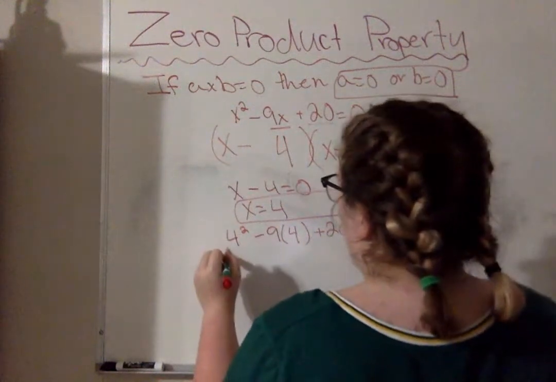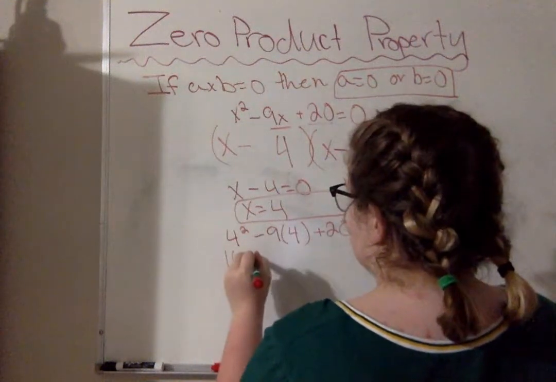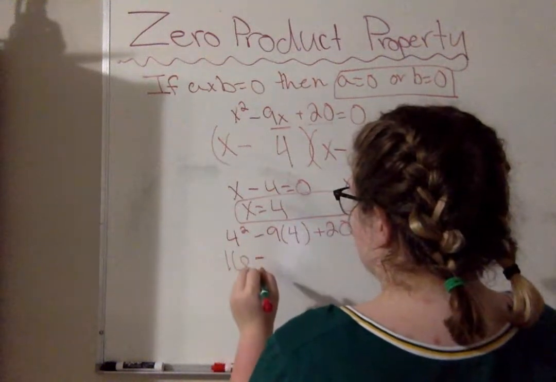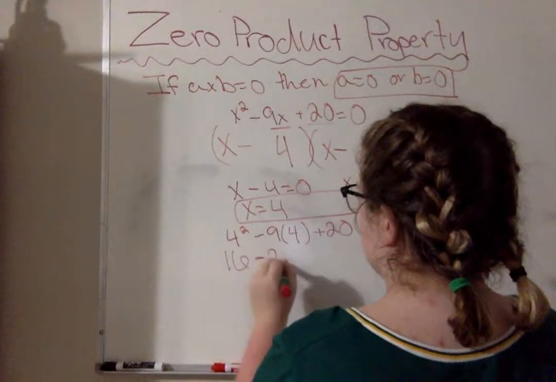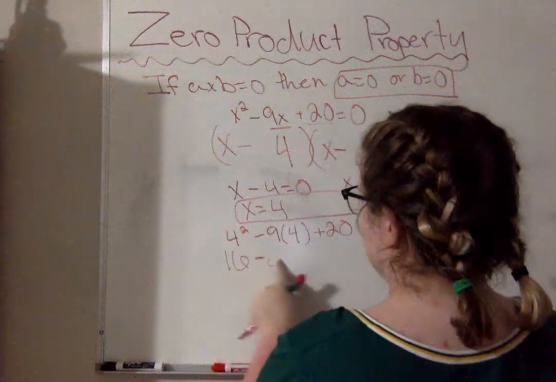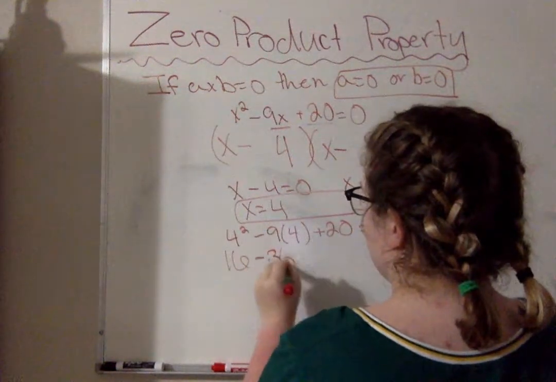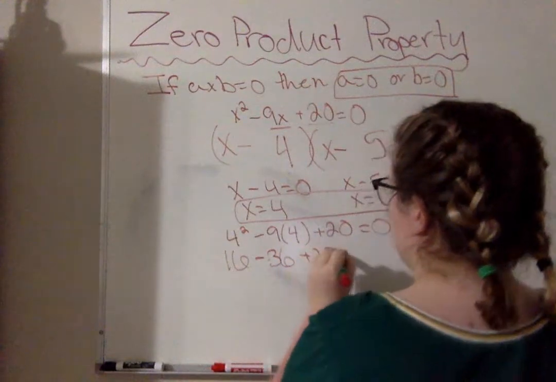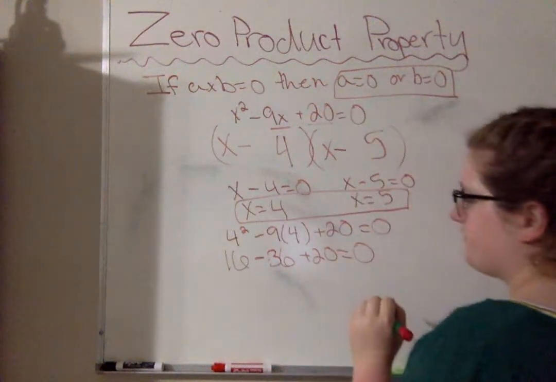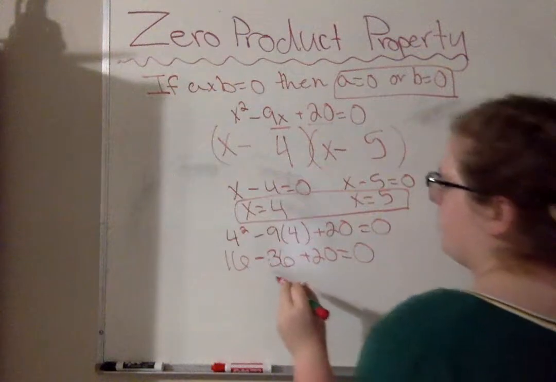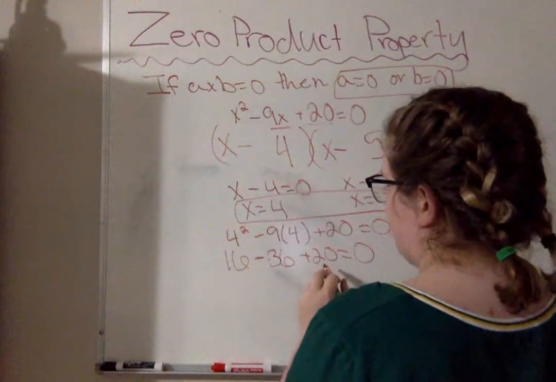So, 4 squared is 16, and minus 9 times 4 is 36, plus 20 equals 0, okay? And then we're going to subtract 36.